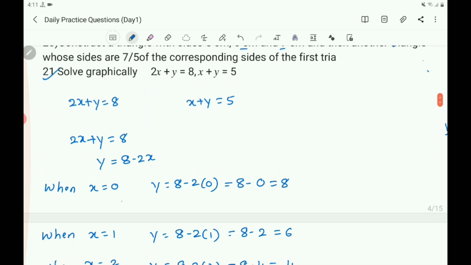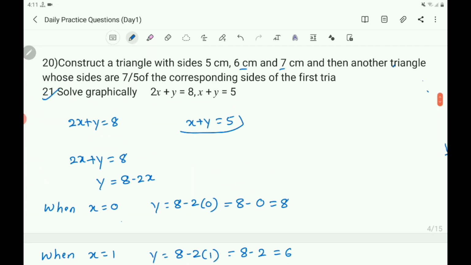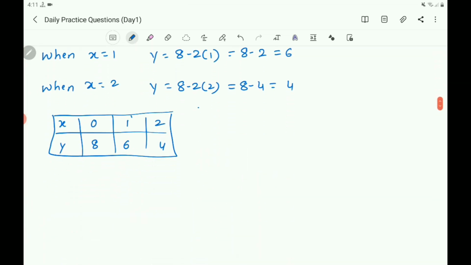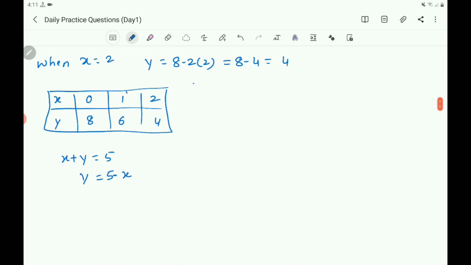Now you take the second equation, x plus y equals 5. Again the coefficient of y is 1. So convert it as y equals 5 minus x. Then you take convenient values for x.